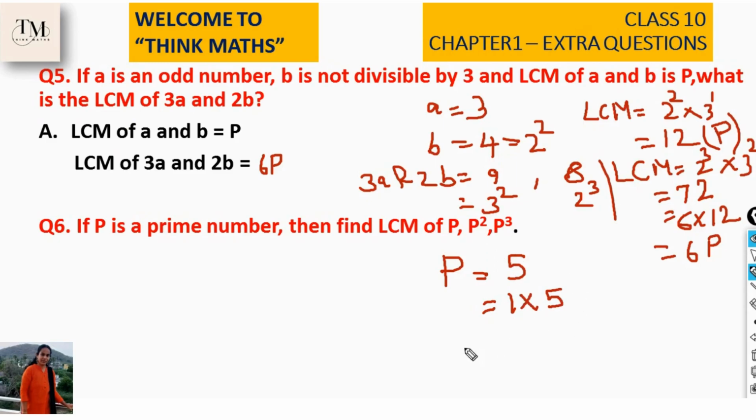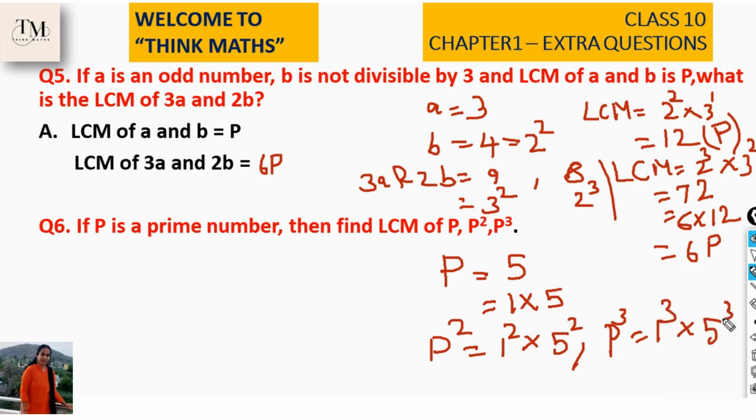P square is 25, that is 5 into 5, which is nothing but 1 square into 5 square. So P cube is nothing but 5 cube. So its factorization will be 1 cube into 5 cube.